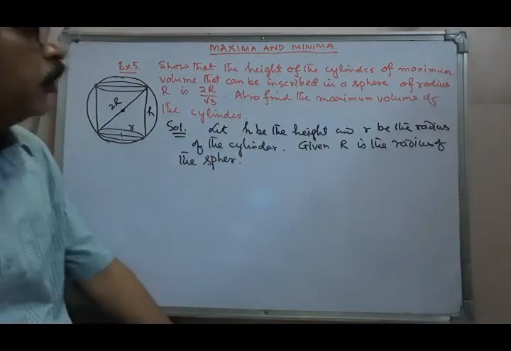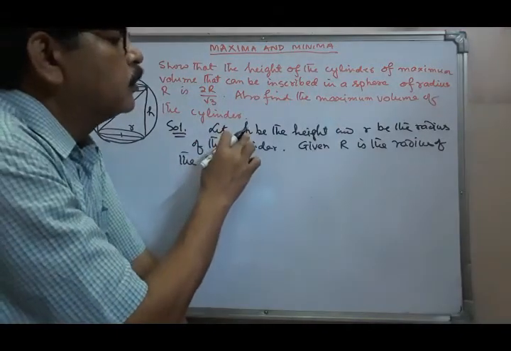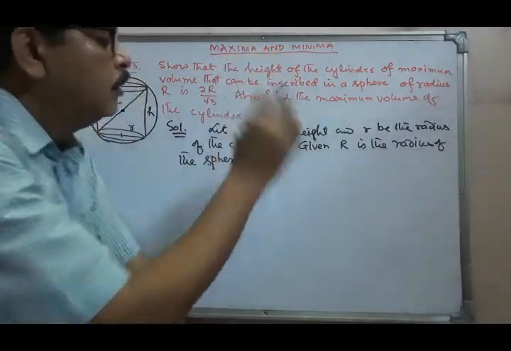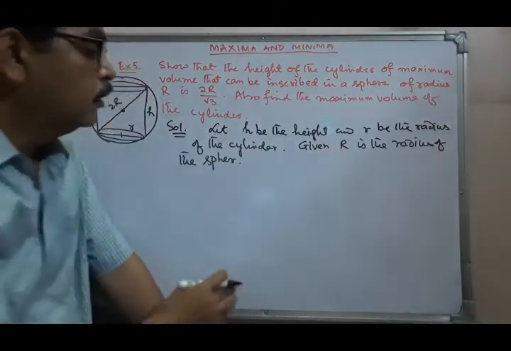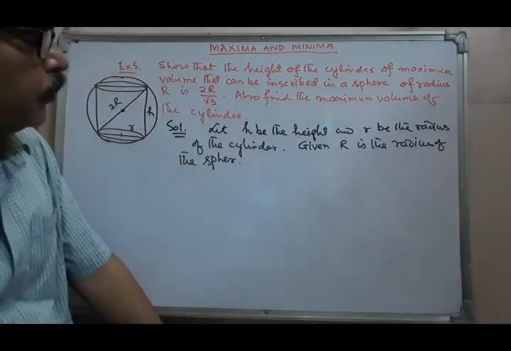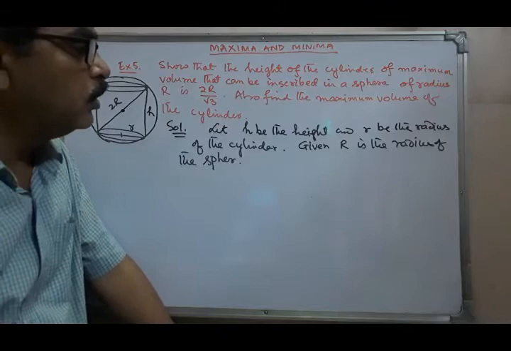So in step 1 we have already completed the two variables h and r, and the given constant capital R. We are going to step 2, that is we have to write a relation between these three.